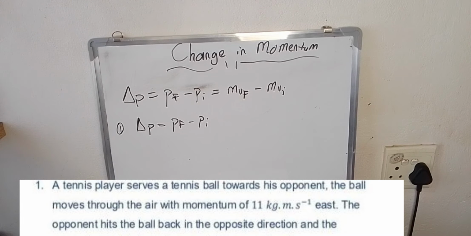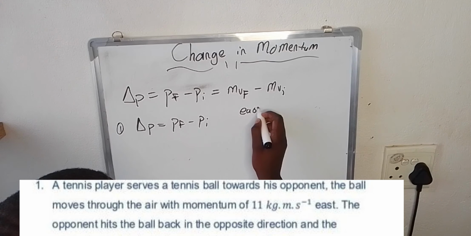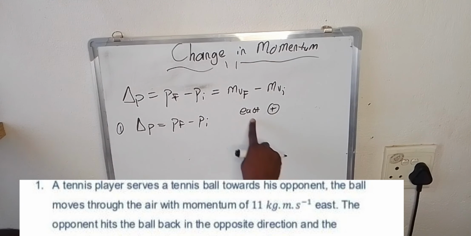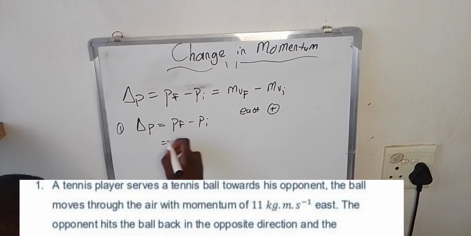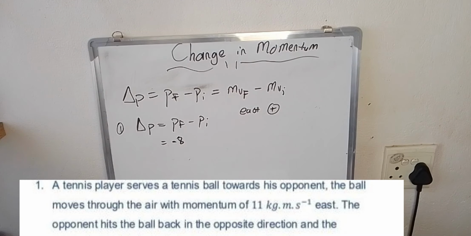As for the direction, we are going to choose east as positive, because the ball was first moving east. Then it goes in the opposite direction, west, so west is negative. Now let's substitute. The final momentum is 8, but negative 8, because west is negative.